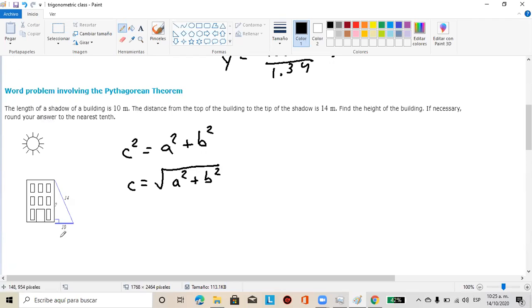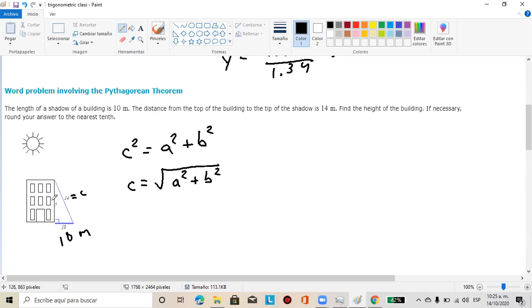So here the shadow is 10 meters. The distance from the top of the building to the tip of the shadow is 14. Let's call this C. Find the height of the building.